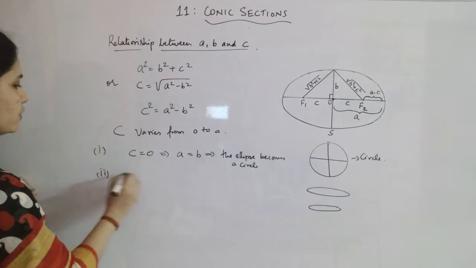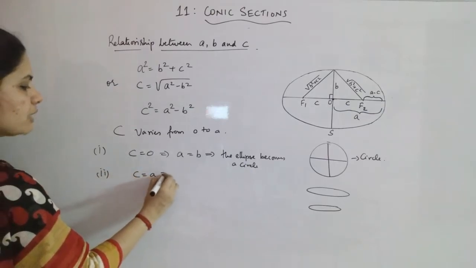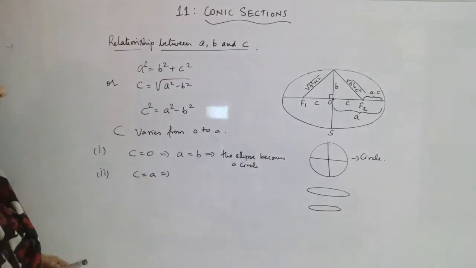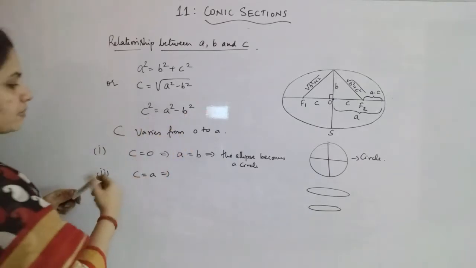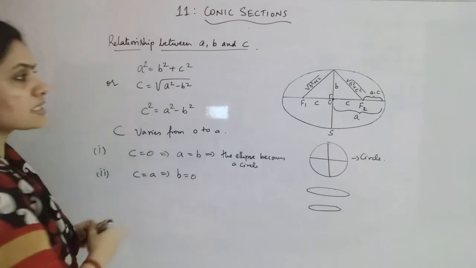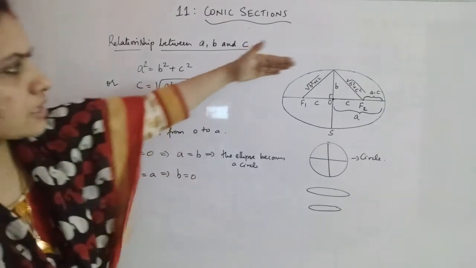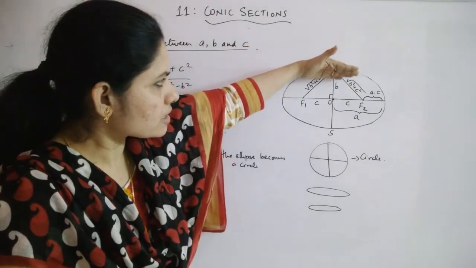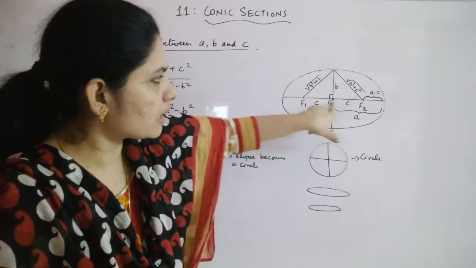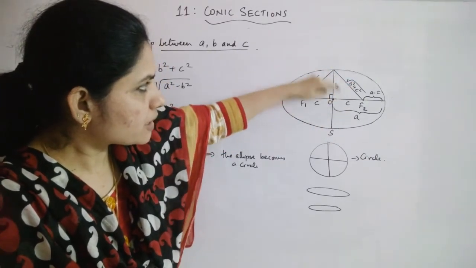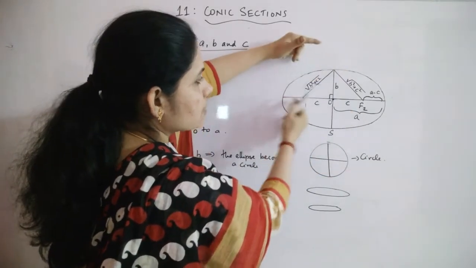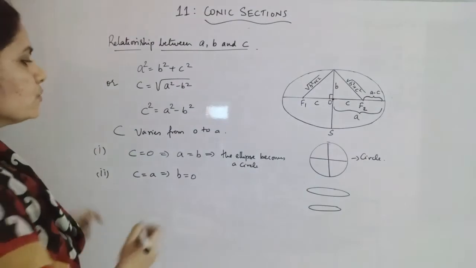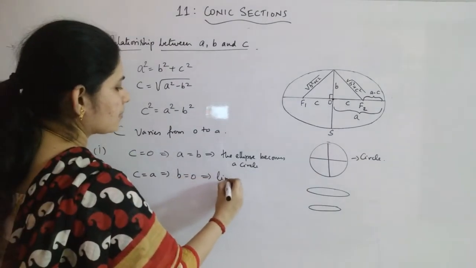And if C is approaching A, that is if C is equal to A, then B should be 0, right? This implies that B is equal to 0. Now when B is equal to 0, when we just compress them, it will become a straight line. So you will get a line segment.